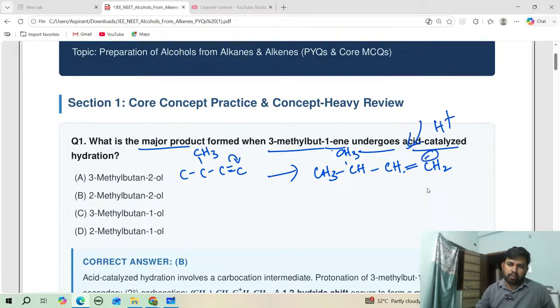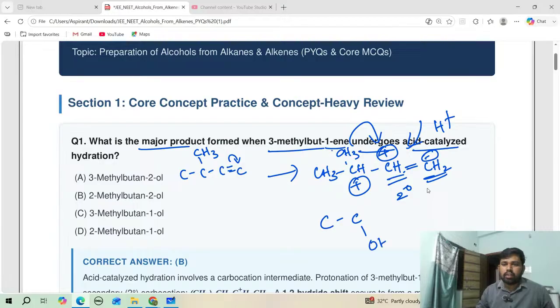It will be added to here, right? Now it will be positive because this is secondary, and this methyl group will be shifted here. There will be an OH here. Here one C, you have two C. So we can say 2-methyl butan-2-ol.